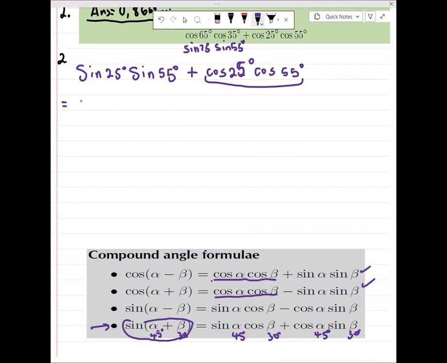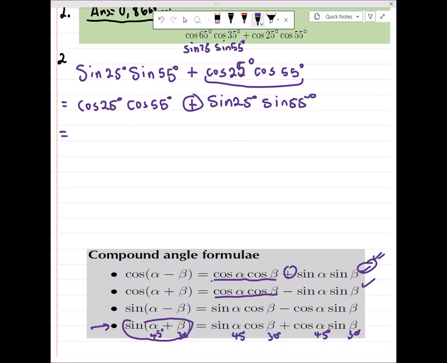So I'm going to have cos 25 degrees, cos 55 degrees plus sine 25 degrees sine 55 degrees. Right. And then, so remember the one with a plus is this one, right? So which means I have the first one, basically. This is the one that I have.